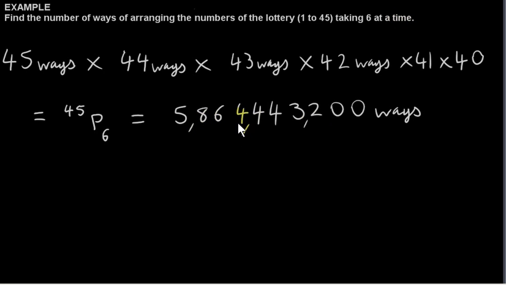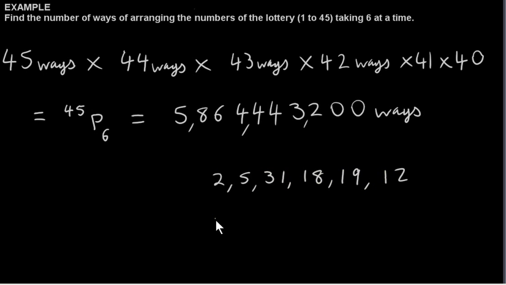Now, of course, we have a huge amount of repetition here in amongst all these different ways of permuting 6 numbers. For example, one of the 5,864,000,000 ways of permuting the 6 numbers could be the numbers 2, 5, 31, 18, 19, 12. So this could be one of the permutations.